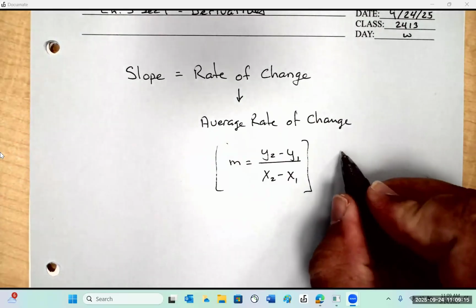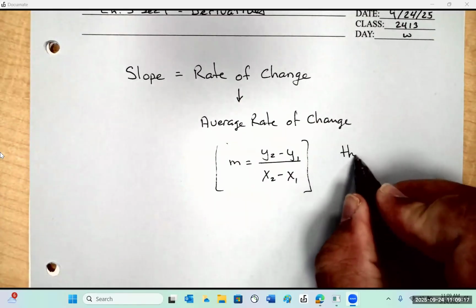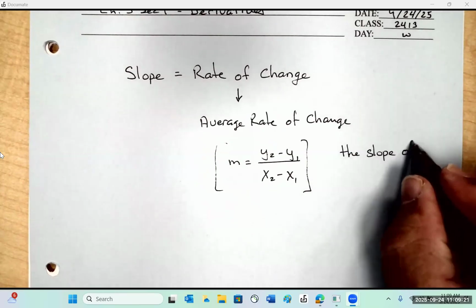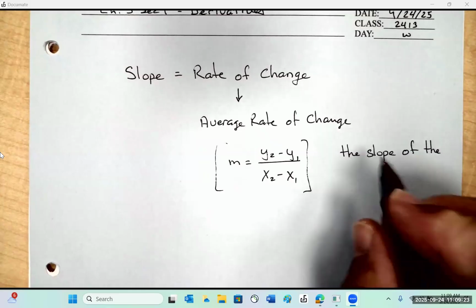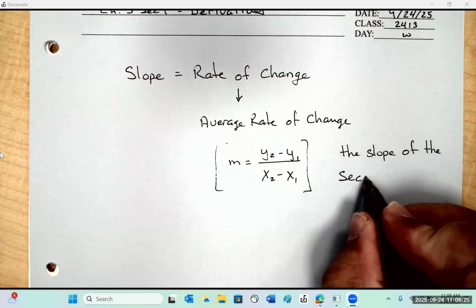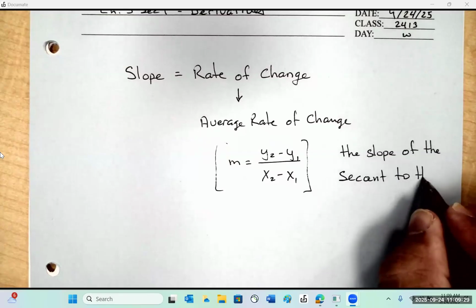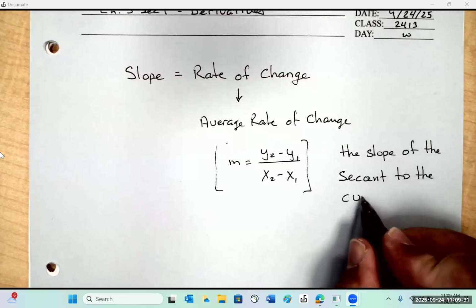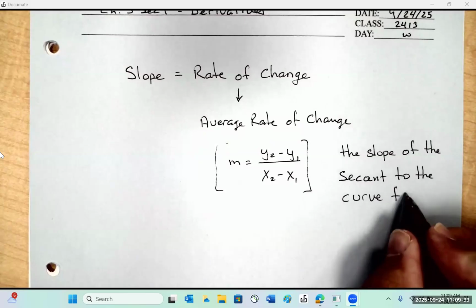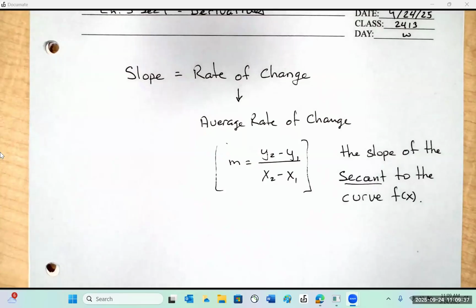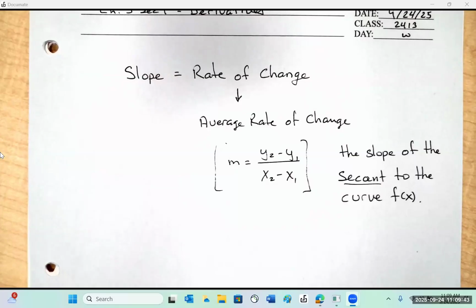This is the slope of the line secant to the curve f of x. What does secant mean in this case? When we say secant to the curve, what does that mean?